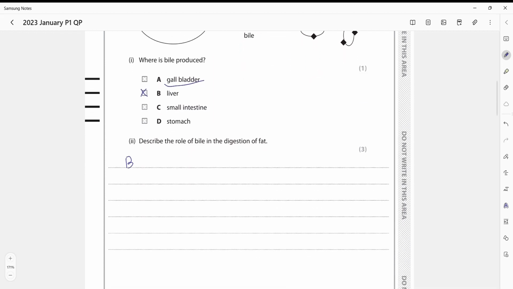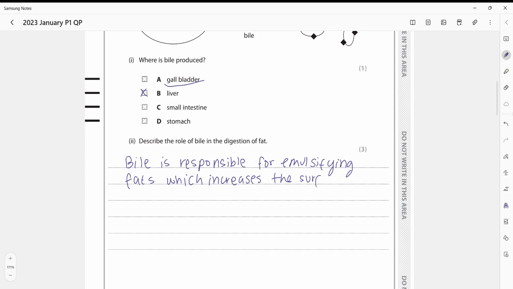So bile is responsible for emulsifying fats, which increases the surface area for lipase to break down or digest.